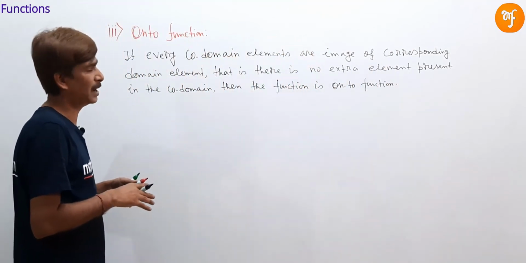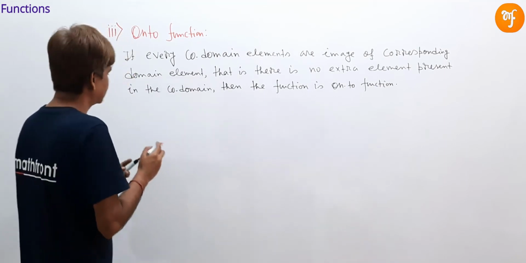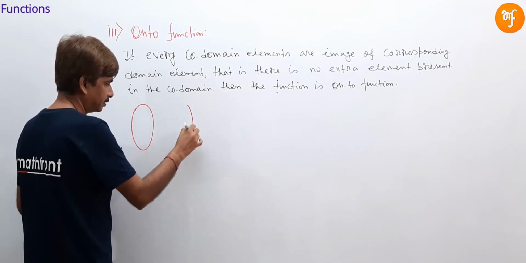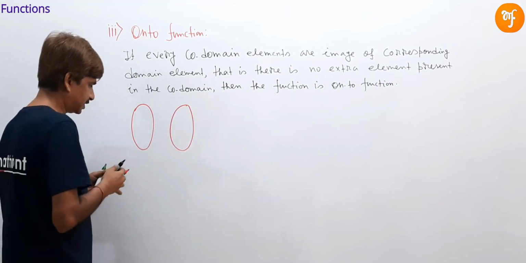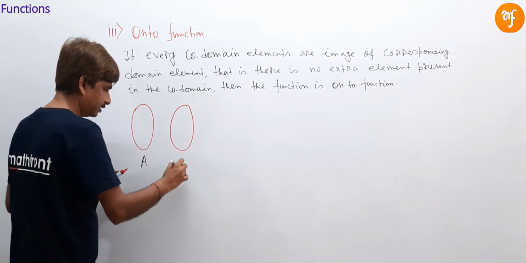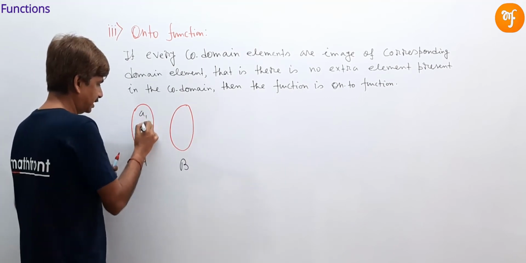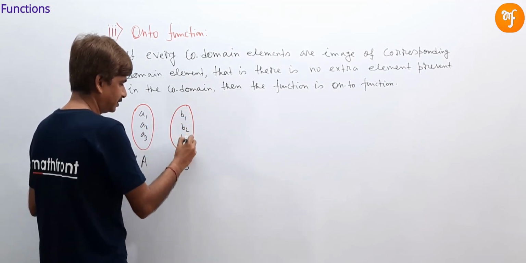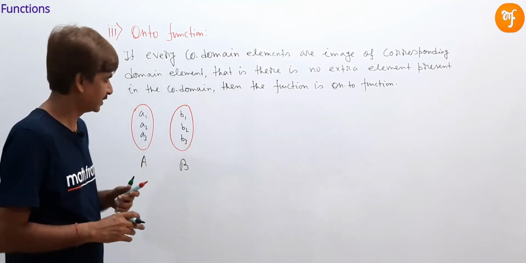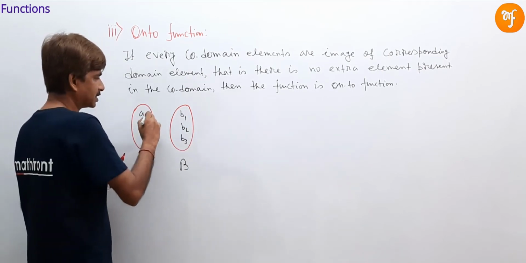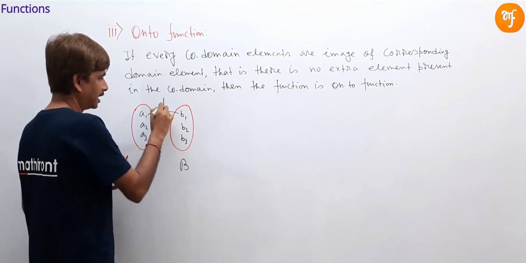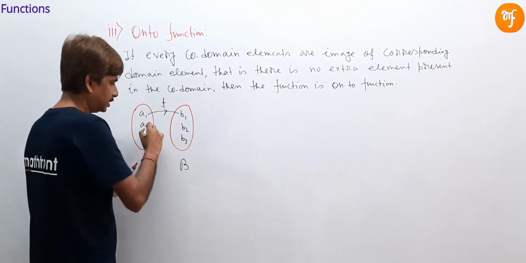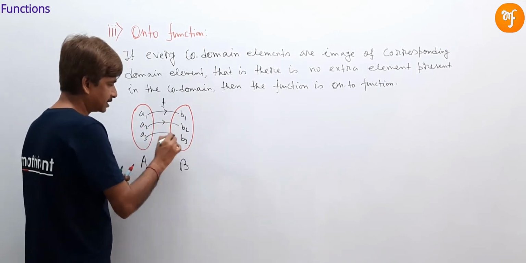Just consider the mapping diagram, then it will be clear to you. Suppose there are two sets. Names of these sets are suppose A and B. Elements of set A are A1, A2, A3 and B1, B2, B3 are the elements of set B. Now if A1 is related with B1 by the relation F, that is B1 is the F image of A1, A2 has image B2 and A3 has image B3.